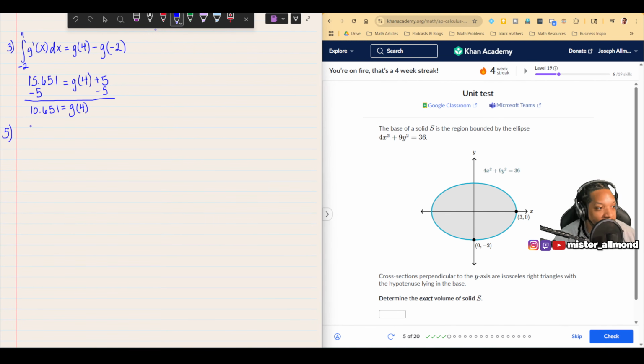So let me sketch this out real quick. If my ellipse looks something like this, my cross sections are perpendicular to the y-axis, so they're going to run side to side like so. And then those cross sections are isosceles right triangles with the hypotenuse lying in the base.